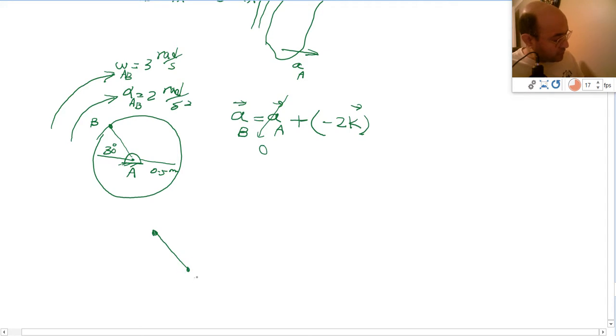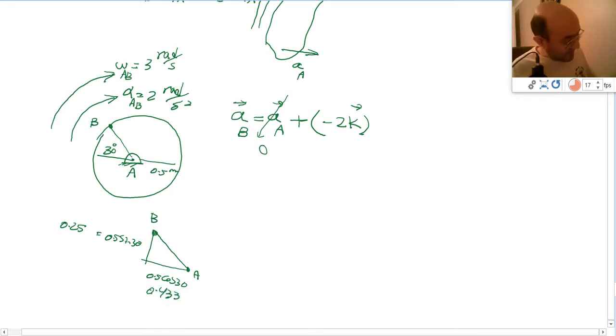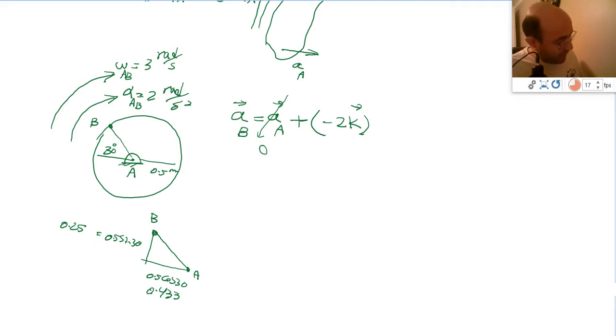If this is the origin, which is point A, point B is located at the distance of, down here, 0.5 cosine 30, and up here, 0.5 sine 30. 0.5 sine 30 will be 0.25, 0.5 cosine 30 will be 0.433. I'm very genius, I'm joking. You know that cosine 30 is 0.866, so half of it will be 0.433.